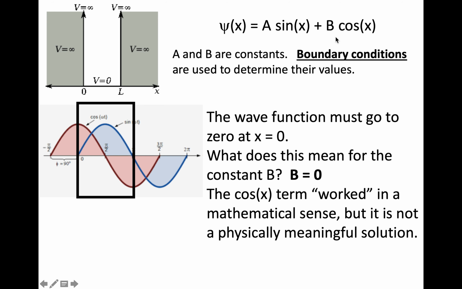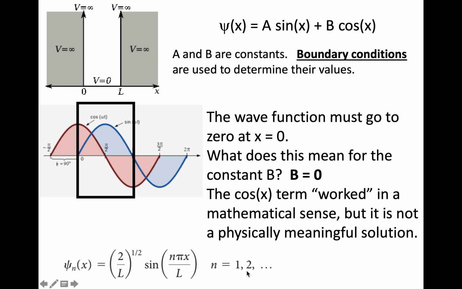It means there is no contribution from the cosine. The cosine may have worked mathematically, but it does not give us a physically meaningful solution. So we're left with the wave function being related only to the sine. So here would be a solution describing the wave function as a sine wave.